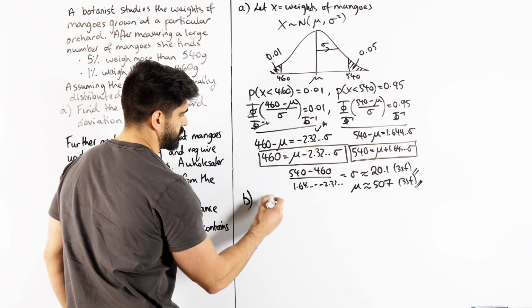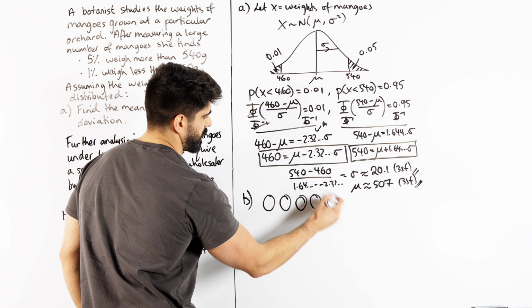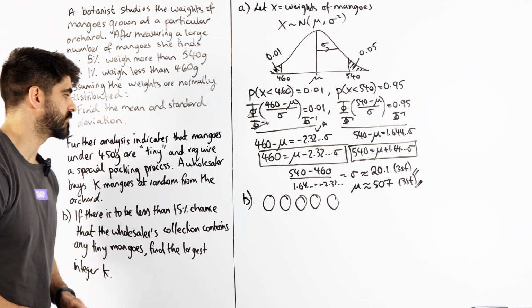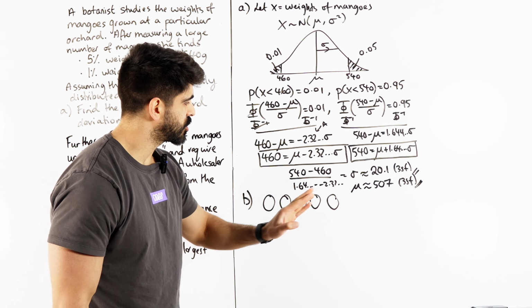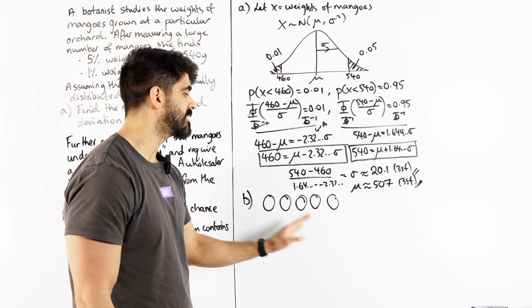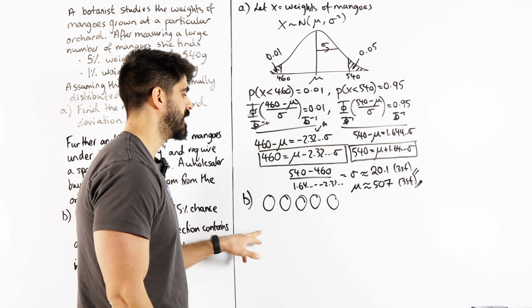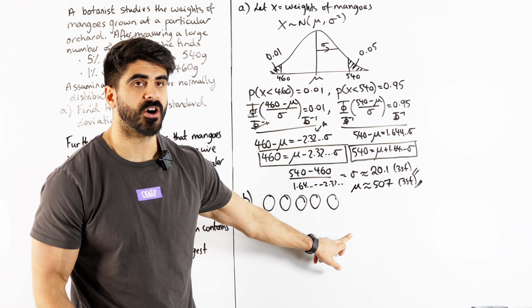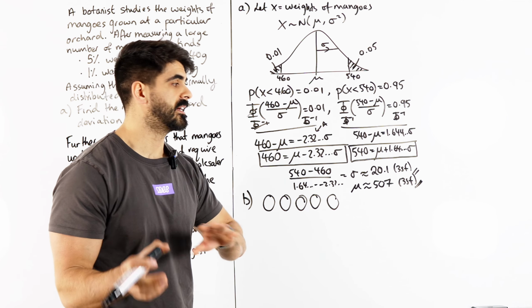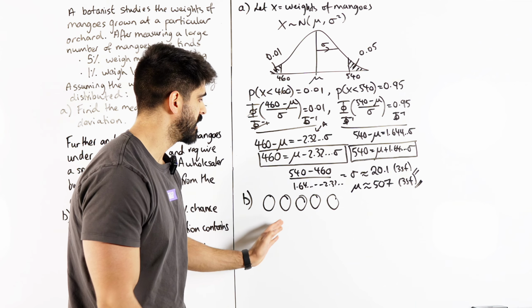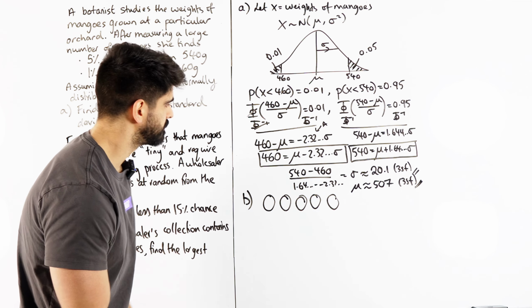Let's just draw some mangoes: 1, 2, 3, 4, 5. Yeah, we have K mangoes. How many of these do we need to have such that I want there to be less than 15% chance that any of these are tiny? I basically don't want them to be tiny. I want there to be a less than 15% chance that any of these are tiny.